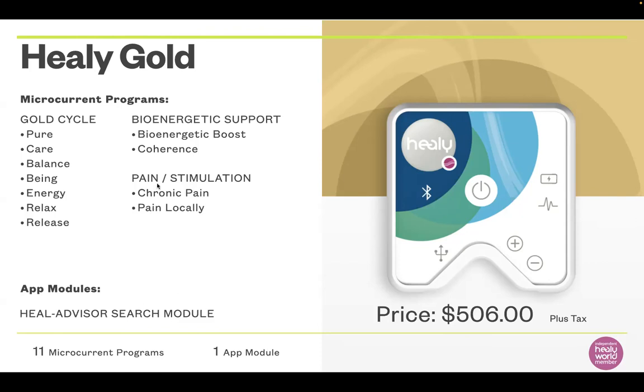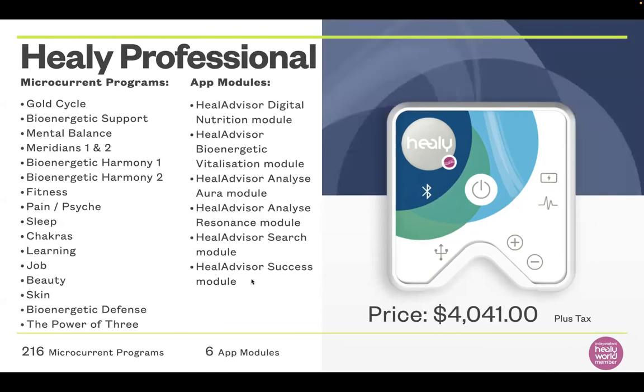On the far extreme, the most expensive of the 5 is called Healy Professional, and it's a little over $4,000. And it's got 216 programs instead of just 11, in all of these different categories. So the one I was showing you, my Healy, we went through all those categories. That was a professional module. I had all these categories, and the digital nutrition pages, bioenergetic vitalization, those each have modules.